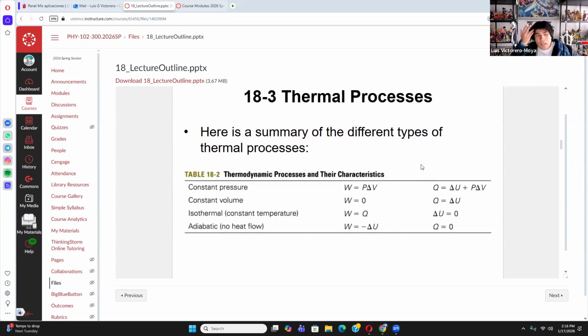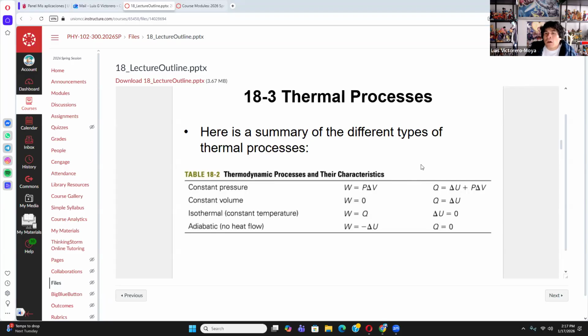So here is a summary, right? Constant pressure, you have your first law of thermodynamics, Q equals delta U plus work, P delta V. Constant volume, the work is 0, so Q is equal to delta U. Isothermal, work is equal to Q because delta U is 0. And adiabatic, work is equal to negative delta U because Q is 0.